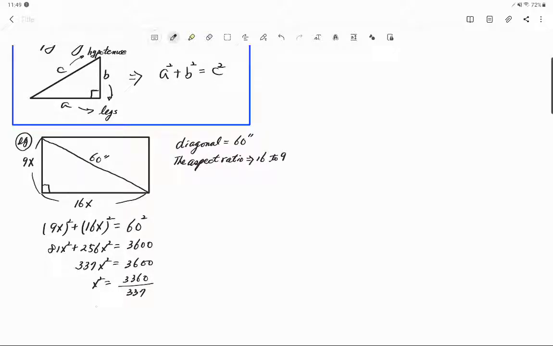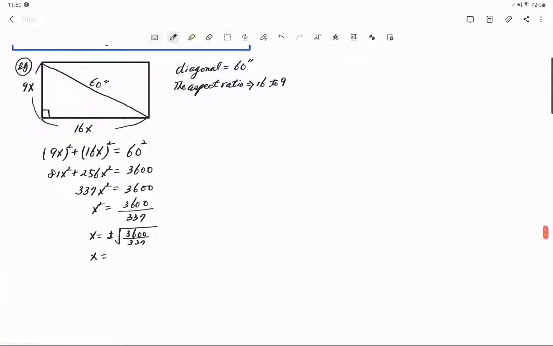Then x equals, get rid of the power 2, so the right side becomes plus or minus the square root of 3,600 divided by 337, and use a calculator. In that case, we don't need the negative sign because length is always positive. So we can remove the negative sign and then use the calculator.